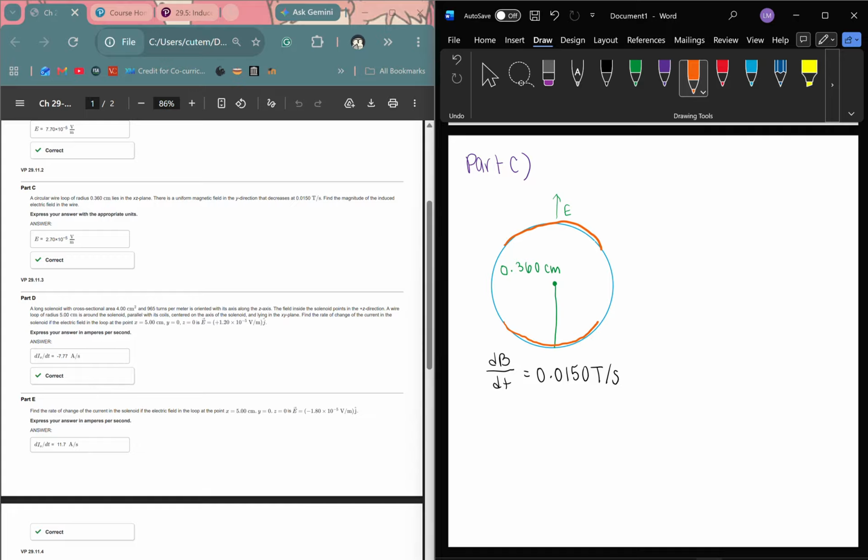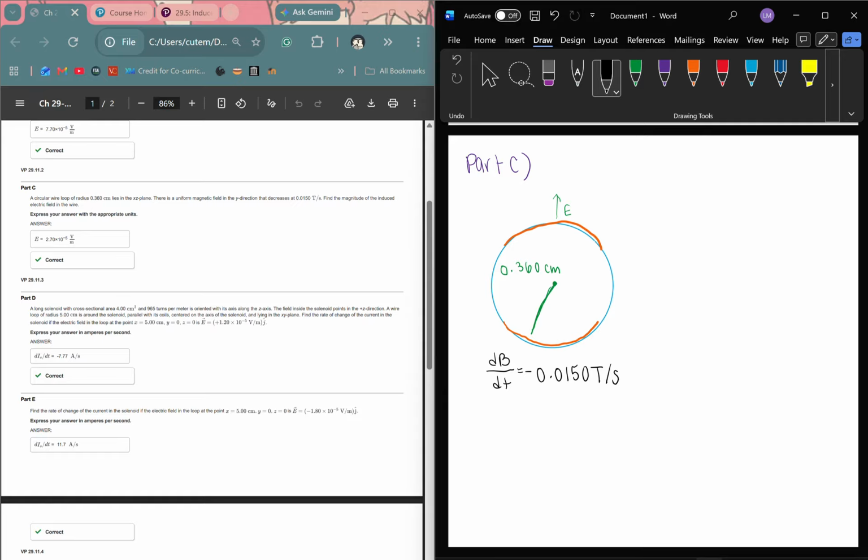Hold on, give me a second to think. Sorry, I made a mistake. I read increasing instead of decreasing, so it's going to be negative. Okay, this is the best way I can explain it.